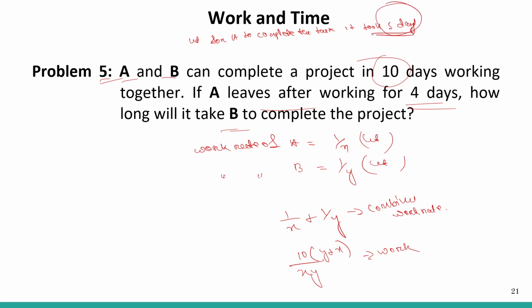So 1 by X is equal to 1 by 5, as X is equal to 5. So in 10 days they do this much work: 10 into y plus 5 by 5y. This much work they do.